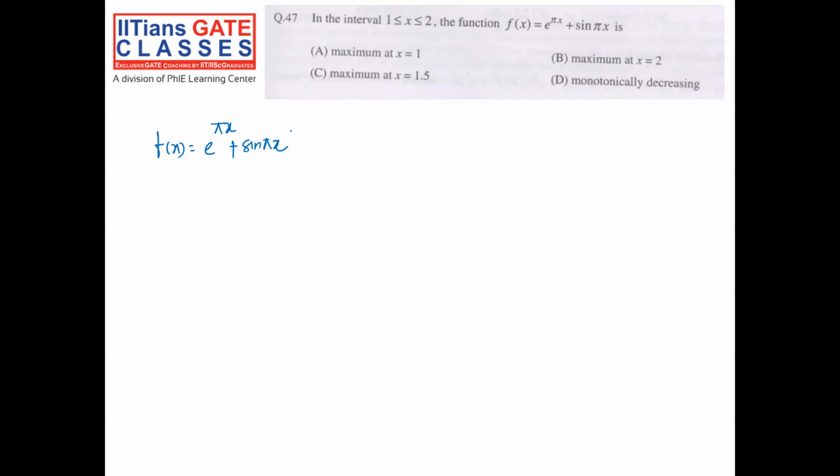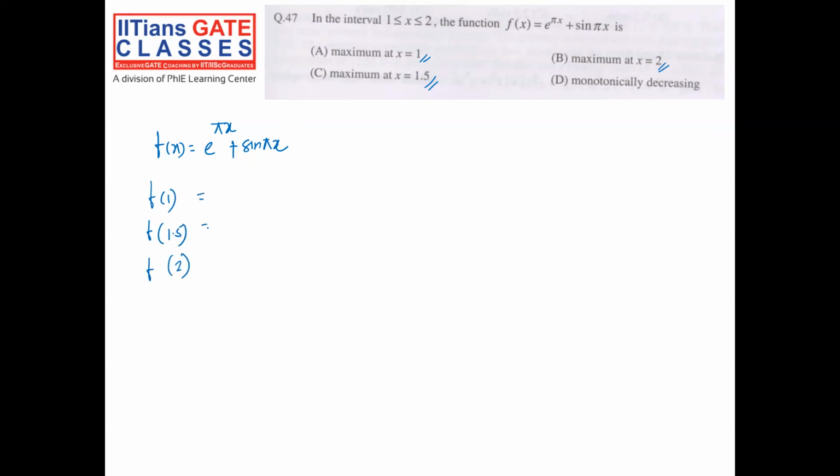Generally what we do is take the differentiation of this function, equate it to 0 and get the value of x. But whenever this kind of limits are given, the simple trick is to just put these values of x, because if you try putting these values in the function, you will realize how the function is behaving. So I will write f of 1, f of 1.5 and f of 2.